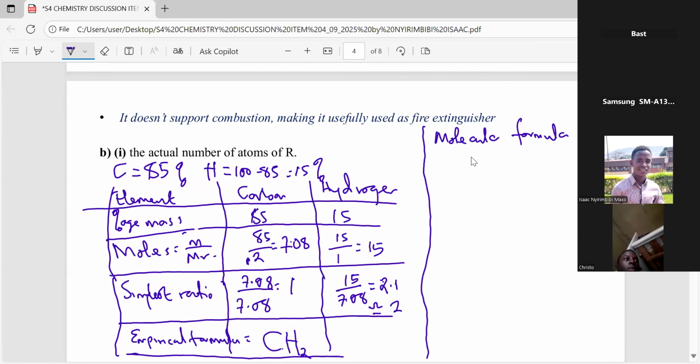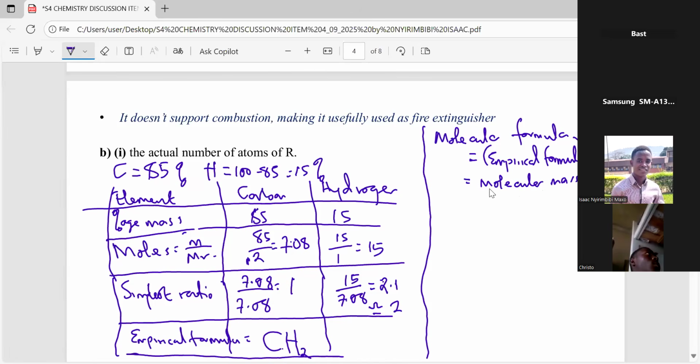Molecular formula is equal to empirical formula times N, where N is equal to molecular mass over empirical mass.